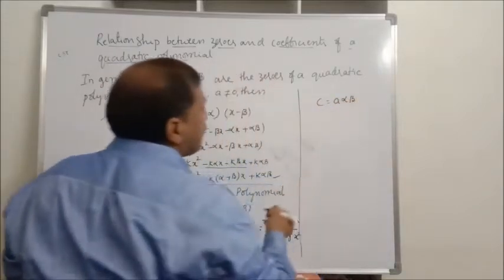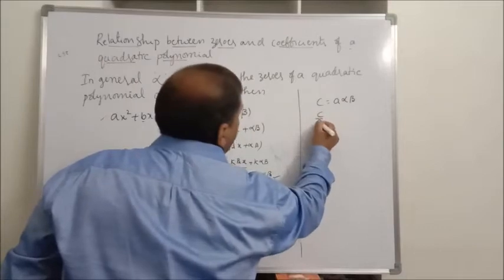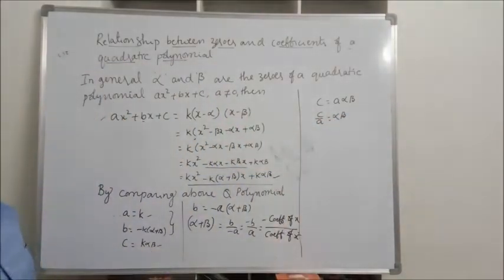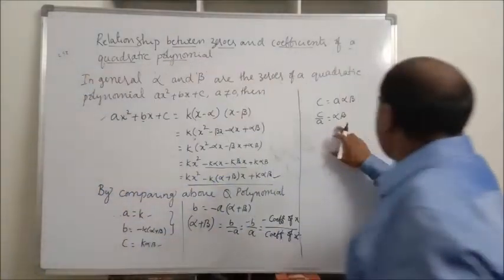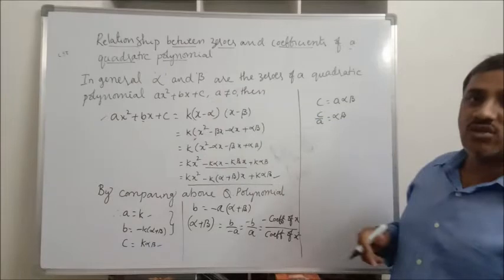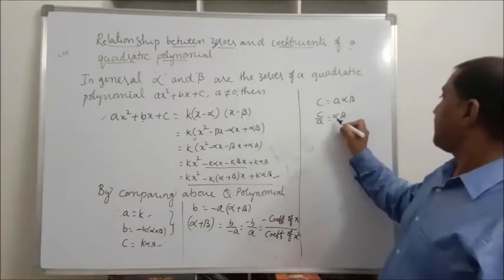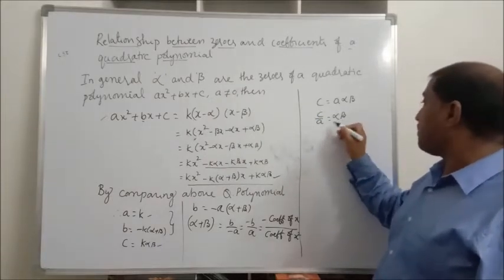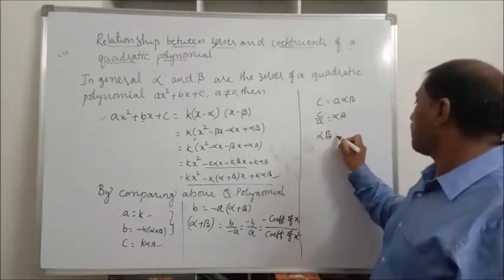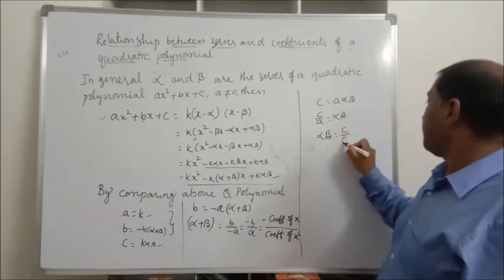Now transpose a to this side, we get c by a is equal to alpha into beta. What are alpha and beta again? They are the two zeros of the quadratic polynomial ax square plus bx plus c. So alpha into beta, the product of the zeros, is equal to c by a.